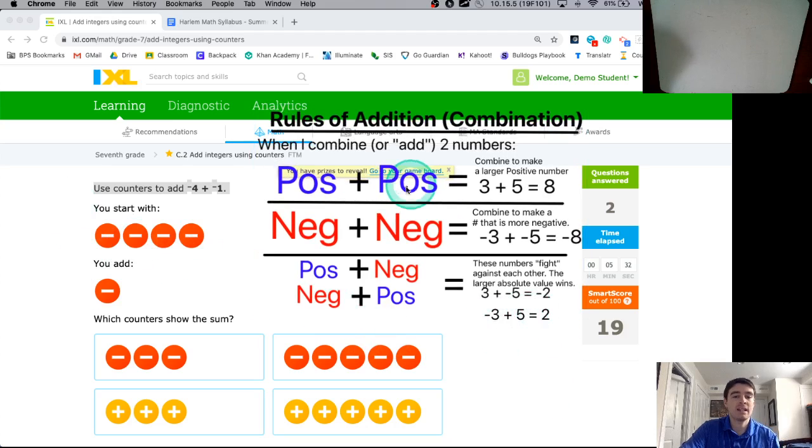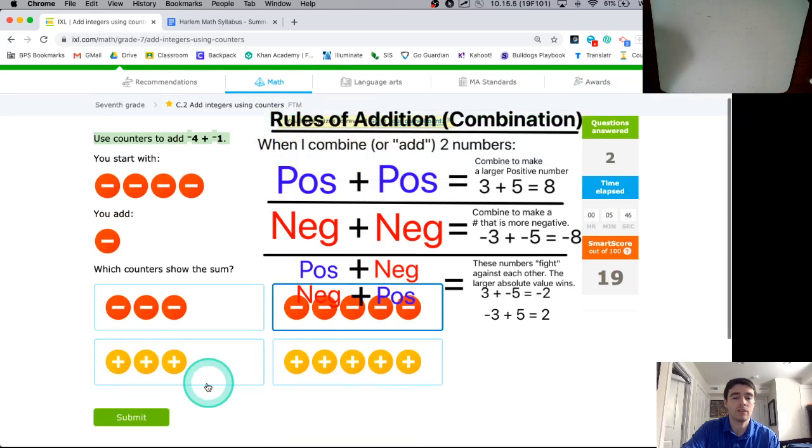When I'm combining a negative with a negative, they're just going to combine to make even more negatives. So if I have 4 negative counters and another -1, they're going to give me 5 negative counters. -4 plus -1 is just going to give us -5.